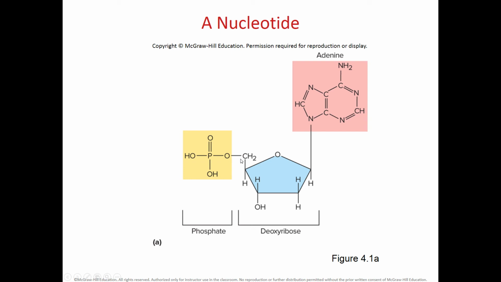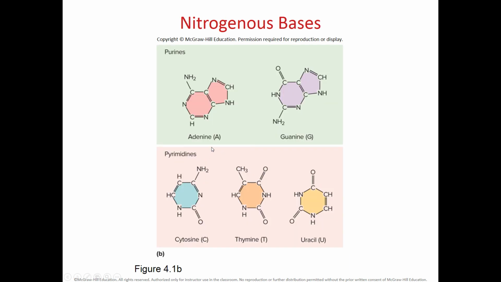And then here, this deoxyribose sugar has attached this phosphate molecule. So this is how the nitrogenous bases will look. These are the purines, adenine and guanine, and these are the pyrimidines, cytosine and thymine, and then uracil for RNA.